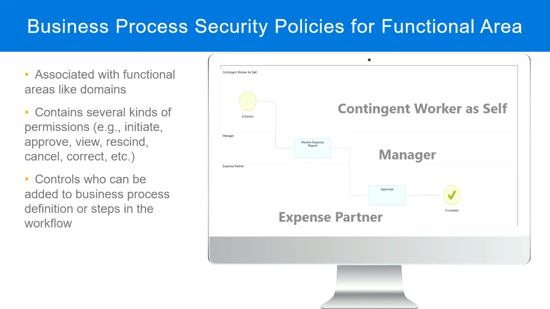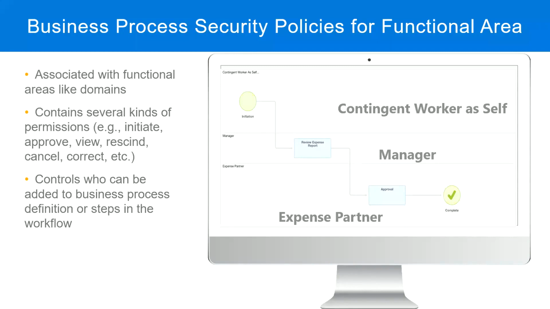One is domains, and one is business processes. So business processes are also associated with functional areas, just like your domains are. And the business processes are secured by the business process security policy.